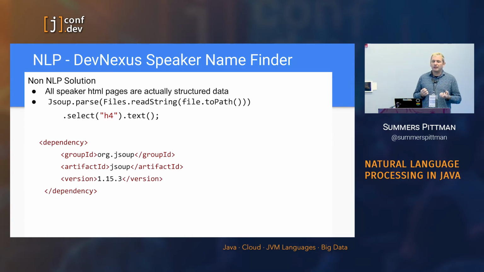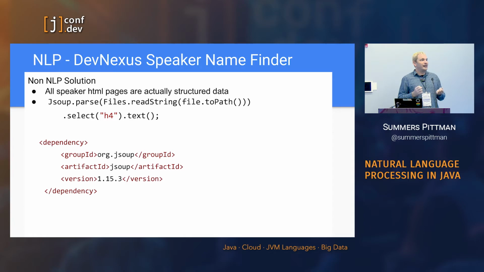And if we want, we can actually just use this library called JSoup to parse each file and get the H4 tag, which is the tag that the website uses to display the speaker's name. And if we actually wanted to do that, we could just grab that dependency with Maven, we run that code for each file, and it will give us the name of the speaker in that file.